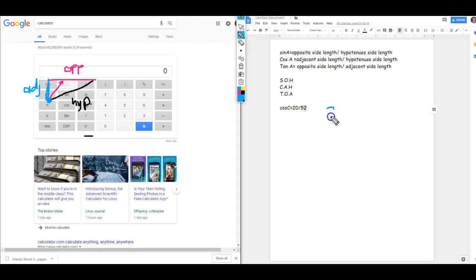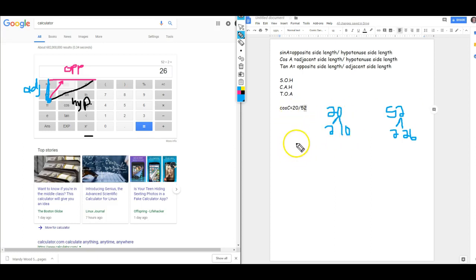So we have 20 and 52. 20 can be broken down into 2 and 10. And 52 can be broken down into 2 and 26. So 2 times 26 gives us 52, and 2 times 10 gives us 20.